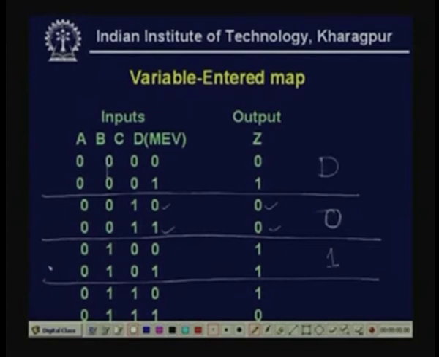This is the combination A bar, B, C bar. Earlier the previous one was A bar, B bar, C. This is A bar, B bar, C bar. This is A bar, B, C, and this is 0 1 1 0, which means it is actually the complement of D, D bar.